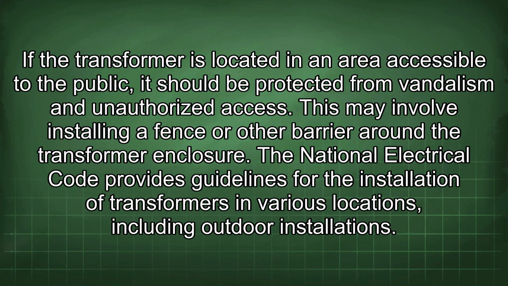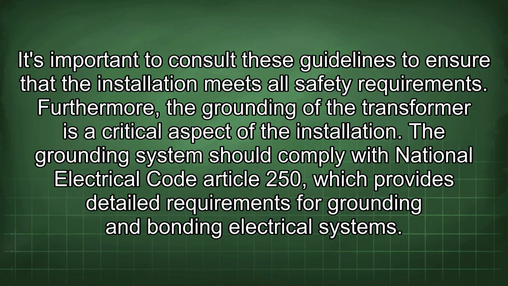If the transformer is located in an area accessible to the public, it should be protected from vandalism and unauthorized access. This may involve installing a fence or other barrier around the transformer enclosure. The National Electrical Code provides guidelines for the installation of transformers in various locations, including outdoor installations. It's important to consult these guidelines to ensure that the installation meets all safety requirements.